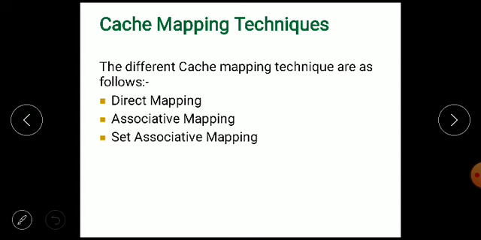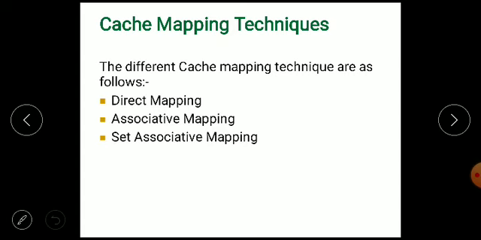Next is mapping. Mapping means the different techniques which are used to store or copy the data from the main memory to the cache memory. In what way we are copying the data from the main memory into the cache memory, that is called mapping.